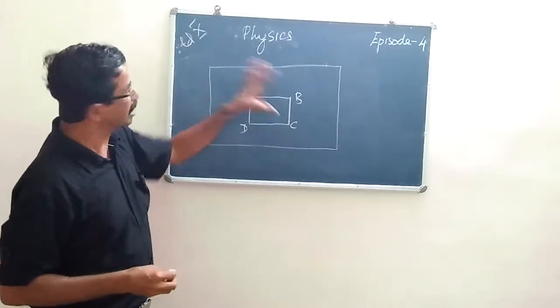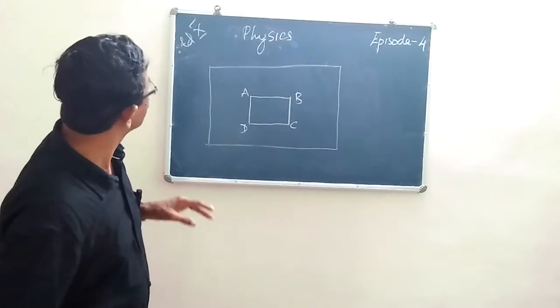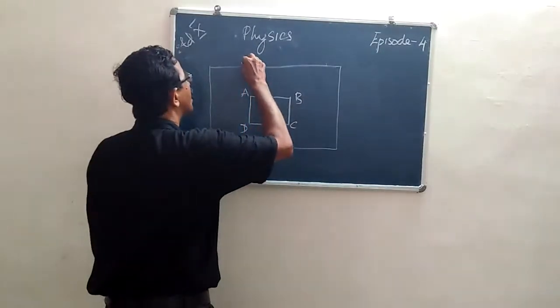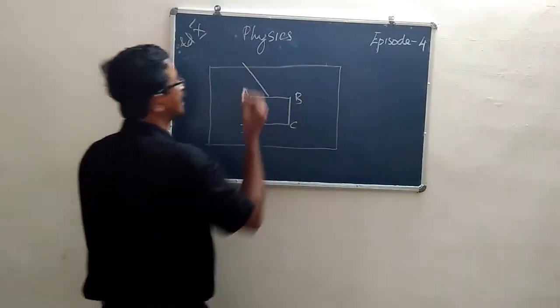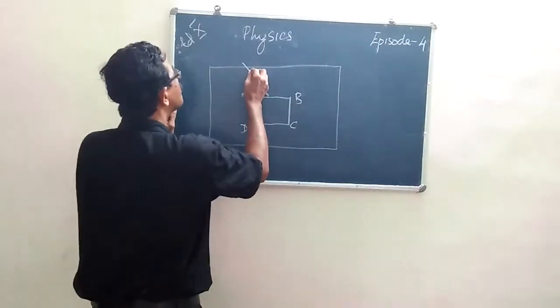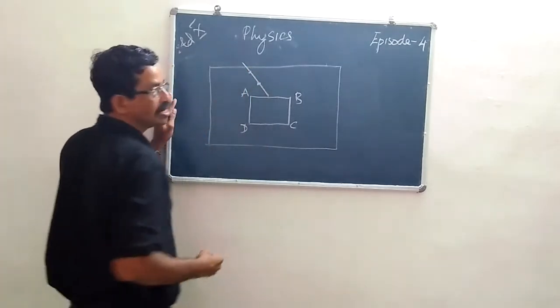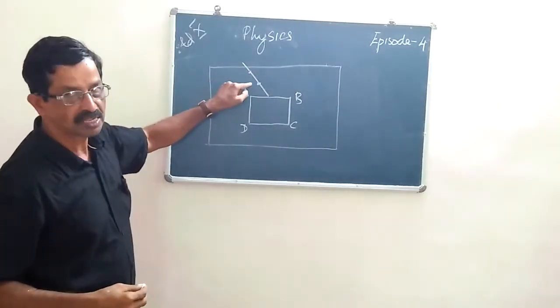Then we take out this glass slab, and make a line which is oblique to the side like this, and then here fix two pins.